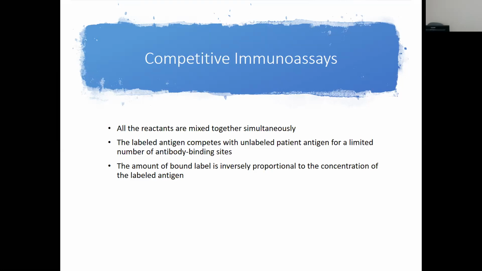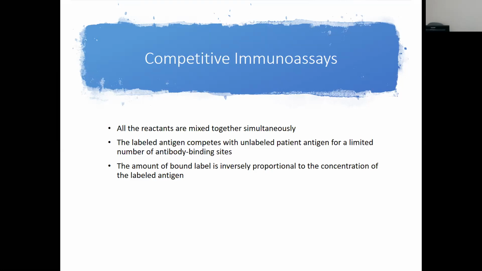So take the principle. If I told you that we have more labeled antigen than we do patient antigen, say the patient's negative, right? Patient's negative for the antigen we're testing for. Maybe they're negative for the flu. They're negative for COVID, right? So what are we going to have bind to the antibody that we put in there?